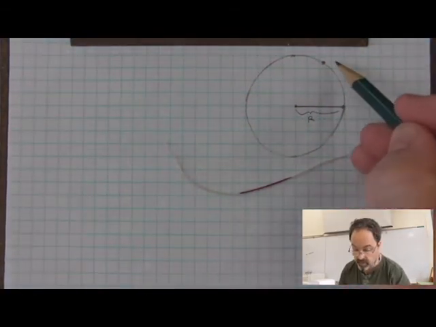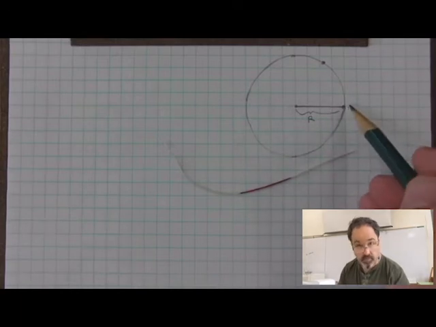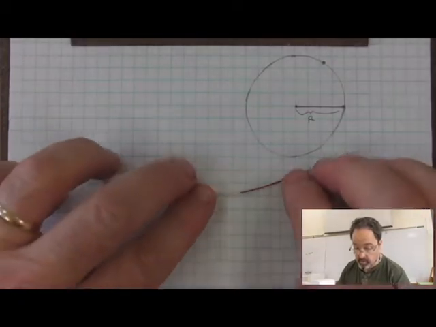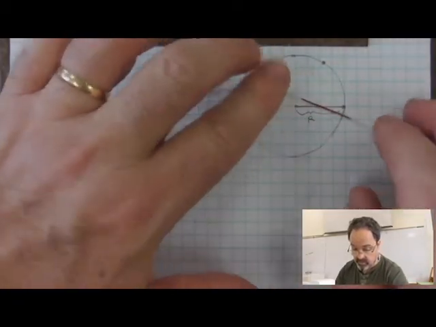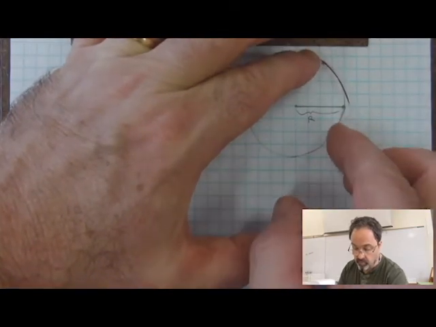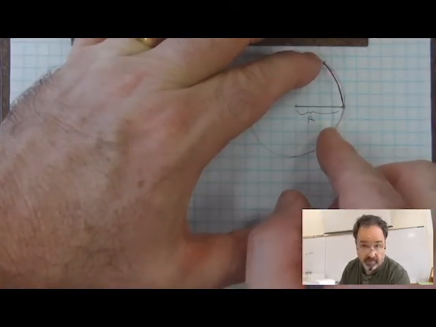I created an arc whose length is the same as the radius of the circle by taking that radius and wrapping it around so I knew how far around the circle one radius would wrap.